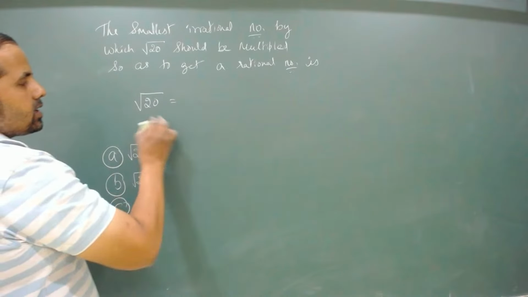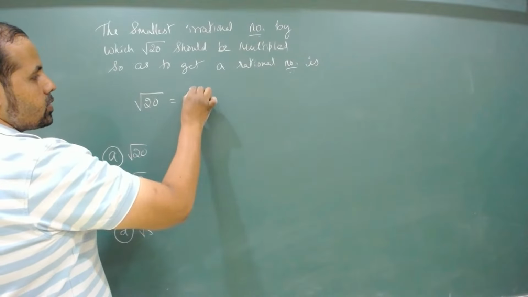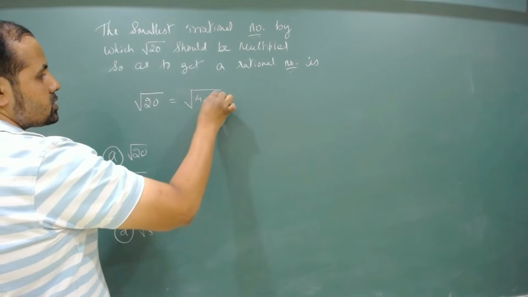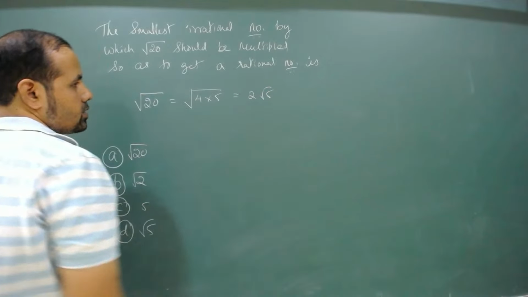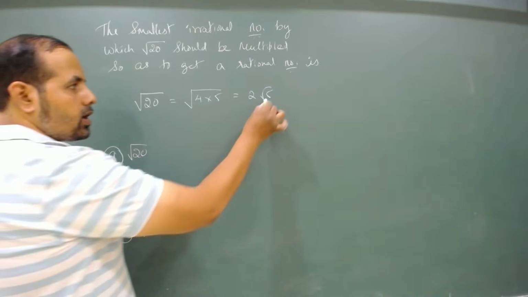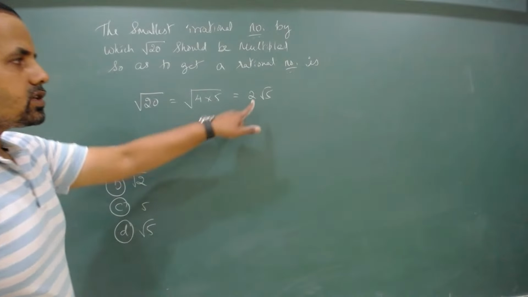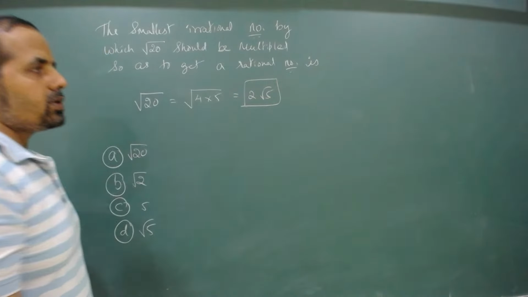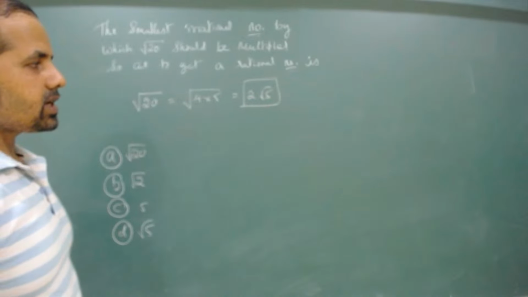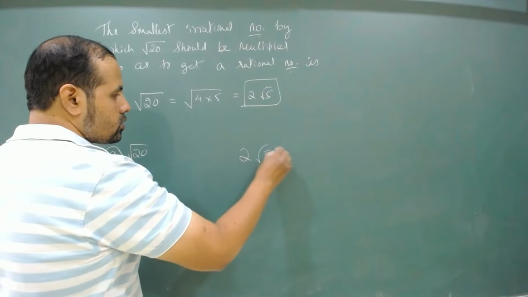First let me write root 20 in simplest form. Root 20 can be written as root 4 times 5. Root 4 is 2, so 2 root 5. Now the smallest number by which this should be multiplied so that it becomes rational.